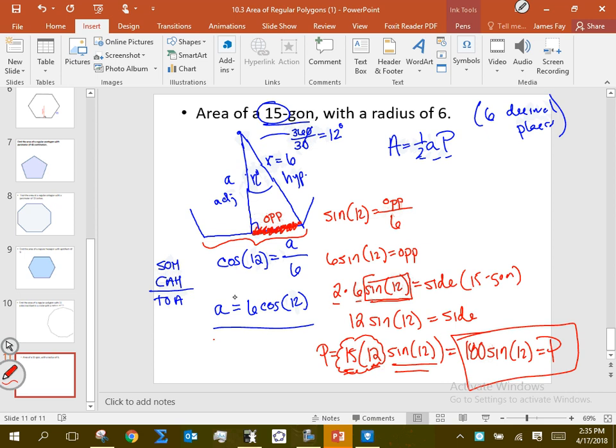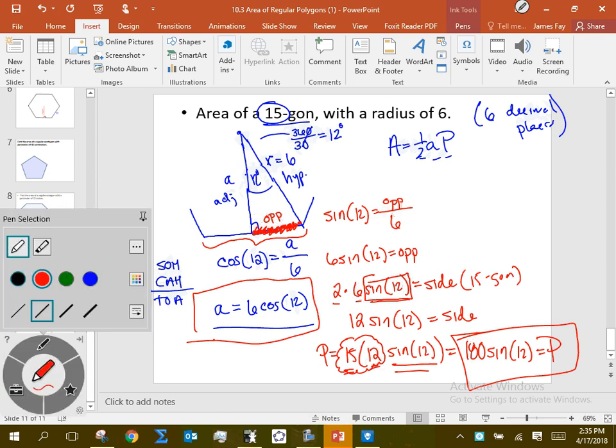Over here you had lowercase a, right? You had your apothem. We plug that stuff into our formula. So plugging that stuff in my formula, area is 1/2 the apothem, 6 cosine 12, times the perimeter, 180 sine of 12.